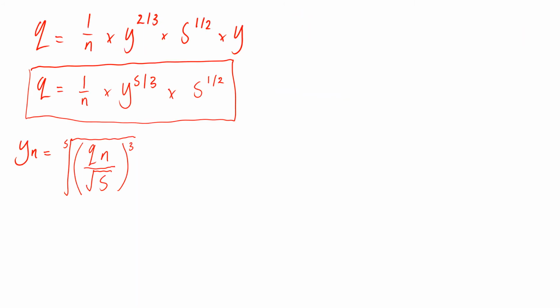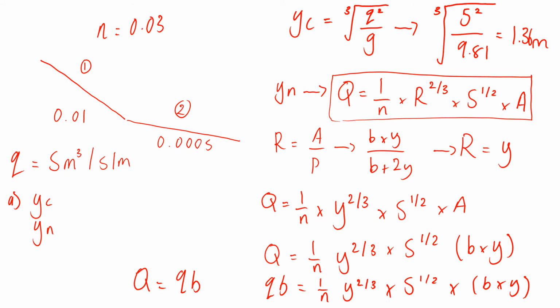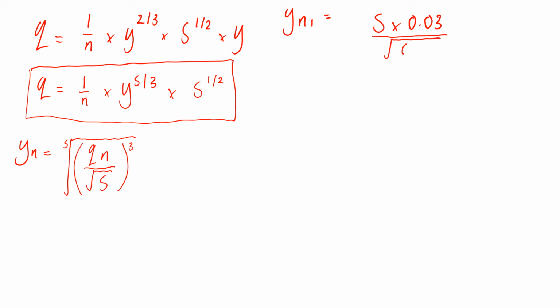So yn1 equals 5 times 0.03 divided by the square root of the slope in reach 1, so it's going to be 0.01, all to the power of 3 over 5.